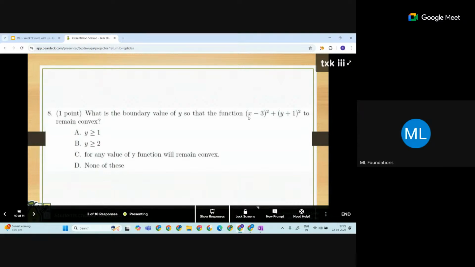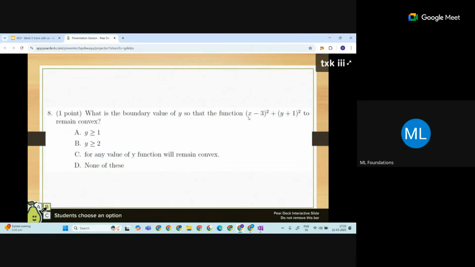Okay, let's do it. All of you try it. For a convex function, the form is like x squared plus y squared. If it is positive, then it's convex. It's a thumb rule.